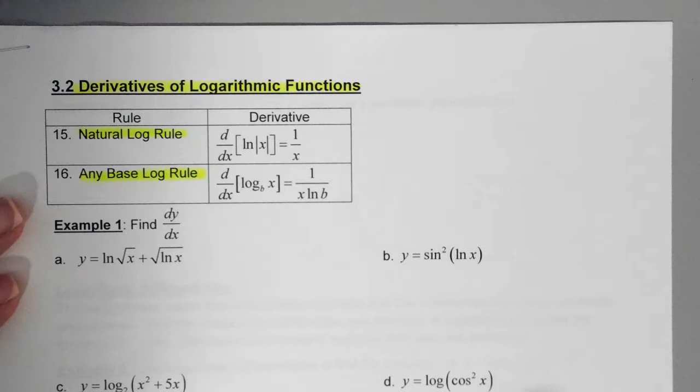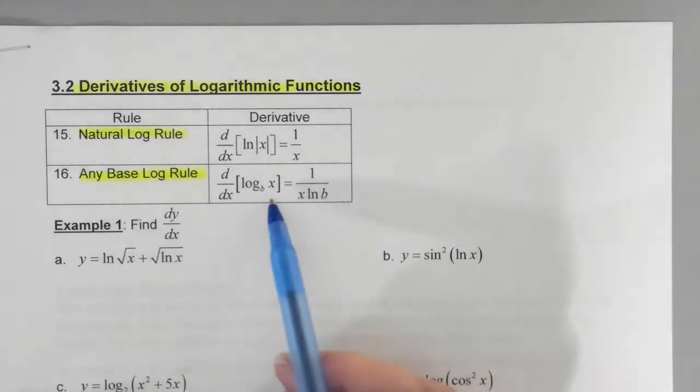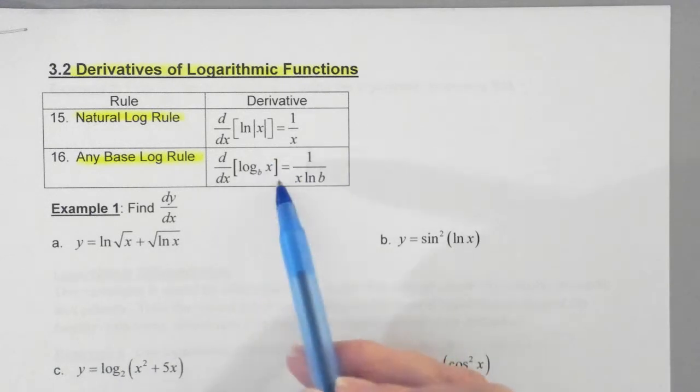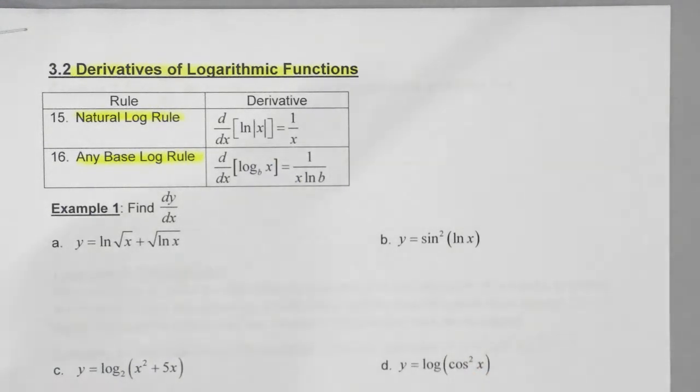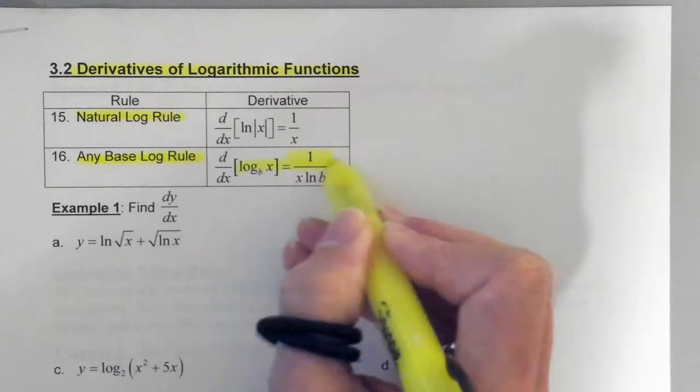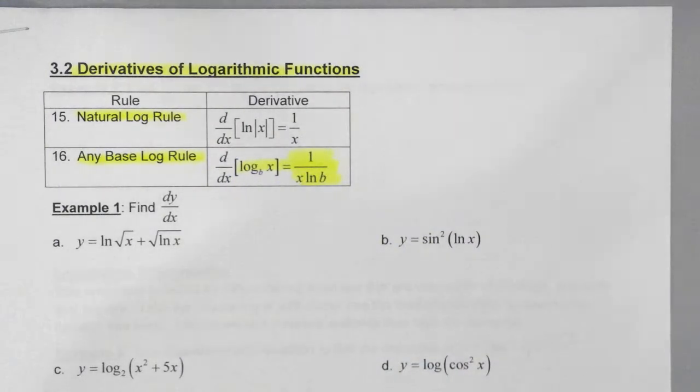And the first thing I'm going to talk about here is our any-based log rule. And this is actually based on the change of base formula. I'm not going to go through the whole thing, but you do need to know these. They come up quite often, and people have a tendency to forget them because they're not really something that you think about on a daily basis. Okay?